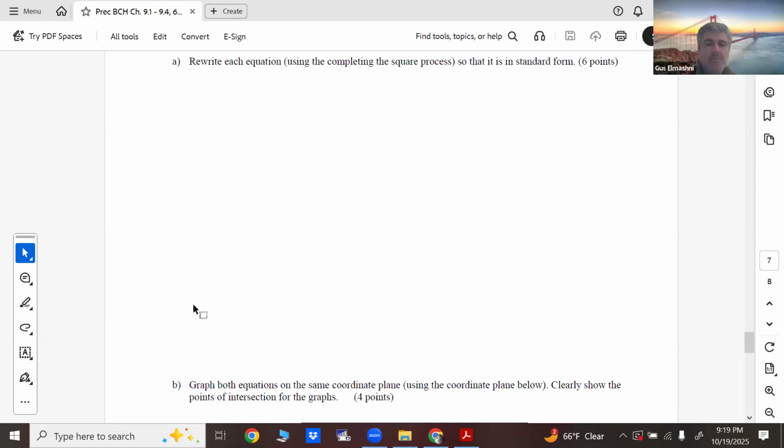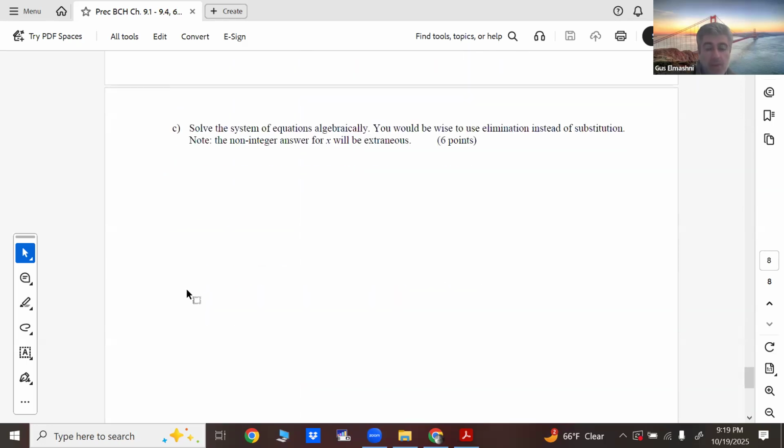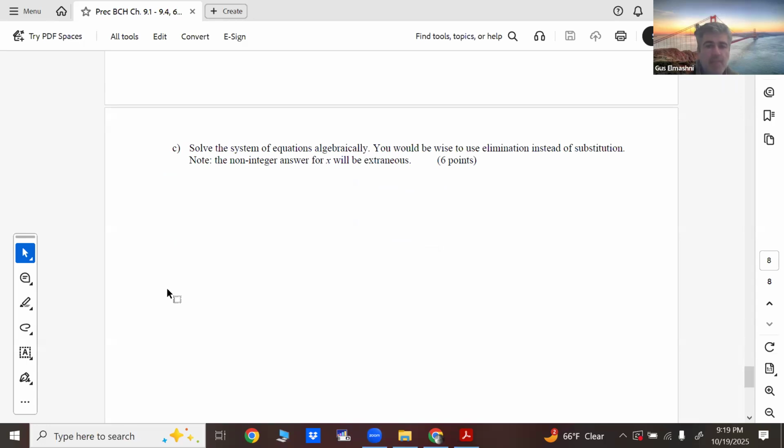So rewrite it, graph it so you know what your points of intersection are, and then that will tell you that the algebraic solution should be the same thing. So it should be the same thing. But just be careful.